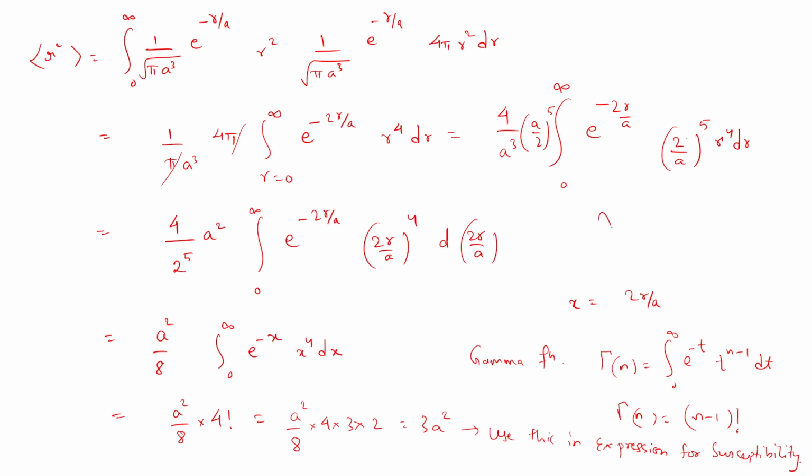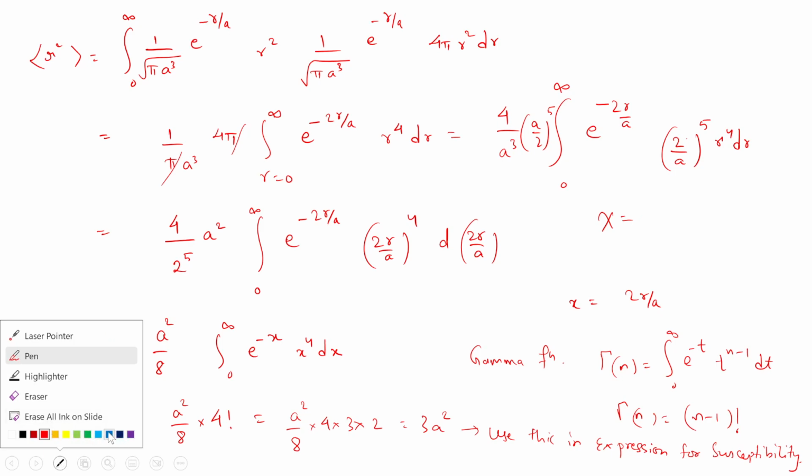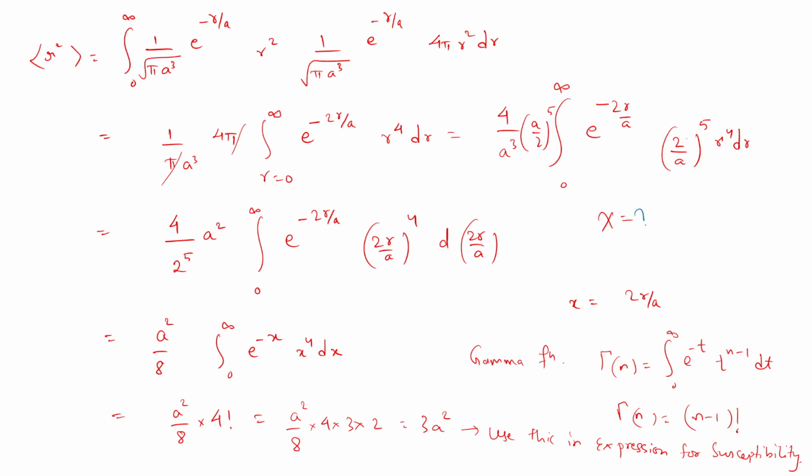Okay, so I'll just write here chi is equal to minus z e square a, 3a square divided by 6 m c square. So this is how you find your solution.